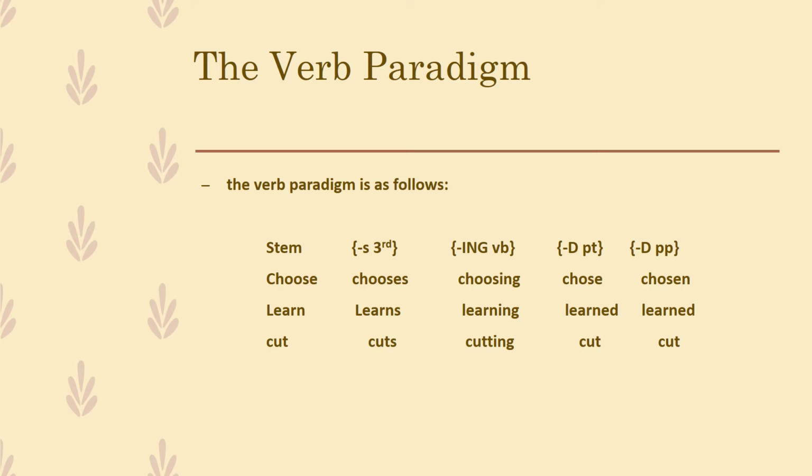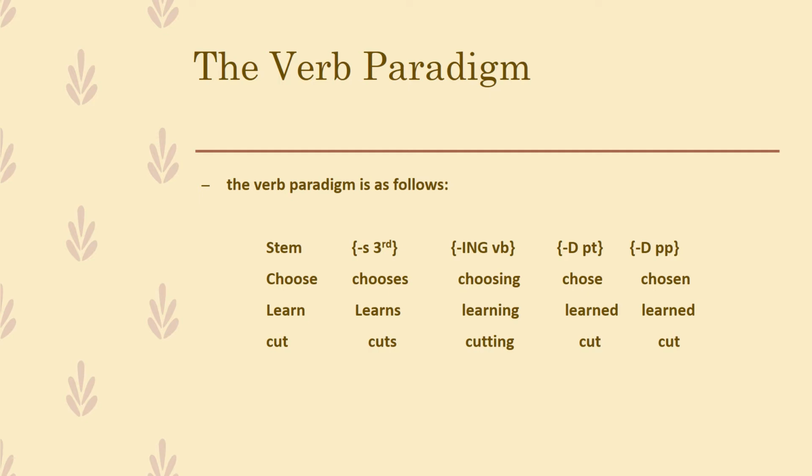Only 3 forms, like cut. Cut is the stem. Cuts, here the form has changed with the third person singular s. With the ing verb, also the form has changed. Cutting.